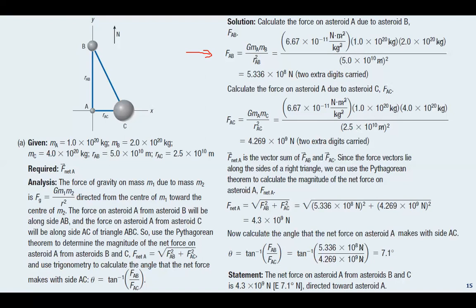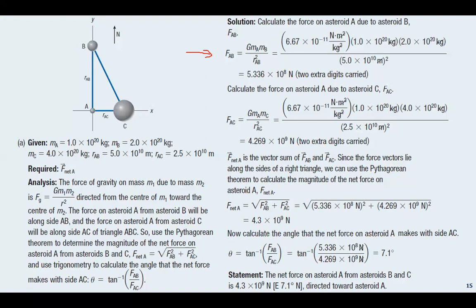So we can make a statement like this: the net force on asteroid A from asteroids B and C is 4.3 times 10 raised to the power of 9 newtons with direction 7.1 degrees north of east, directed towards asteroid A. So that answers the first question. Any questions?